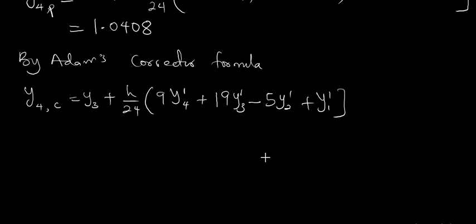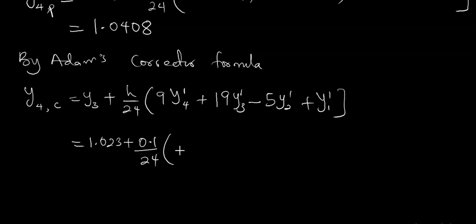Now we begin to put all these values in this corrector scheme. Of course, we know that this is already 1.023. The h value is 0.124.